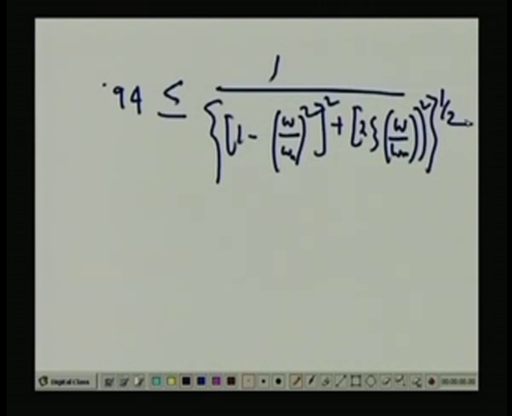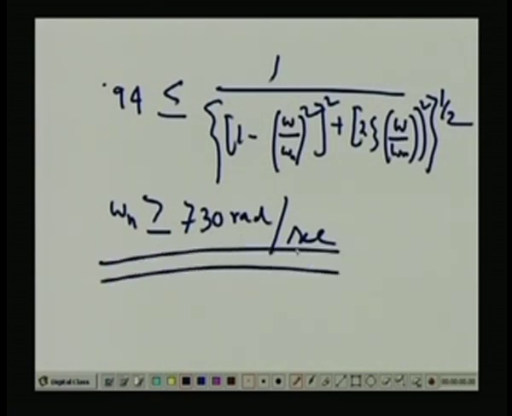If we solve these two, I get omega n greater than or equal to 730 radians per second. This is our answer.